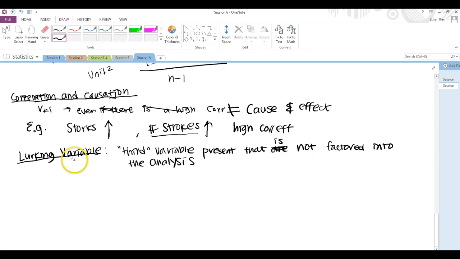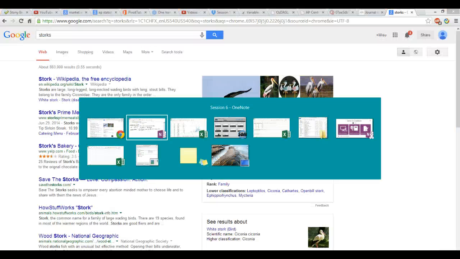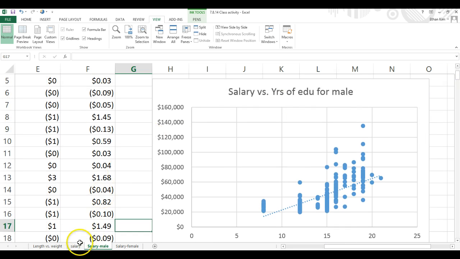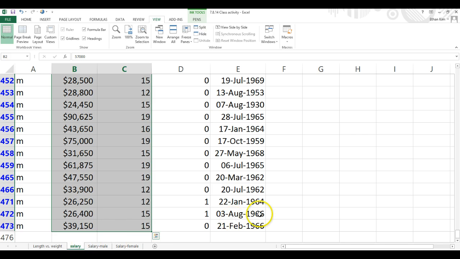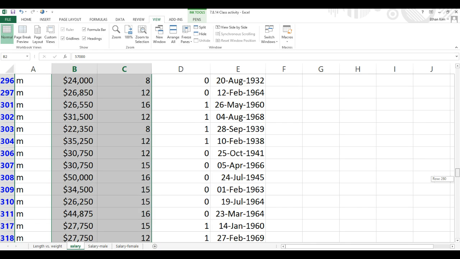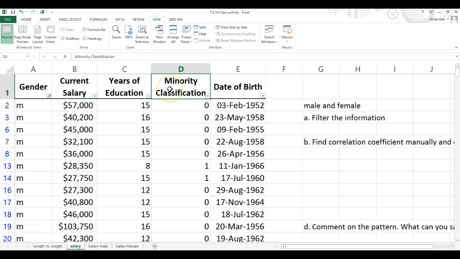All right? So going back to our class activity, this is the activity that we went over. If you look at this, although we just assume that the minority classification does not affect the salary, it might, right?